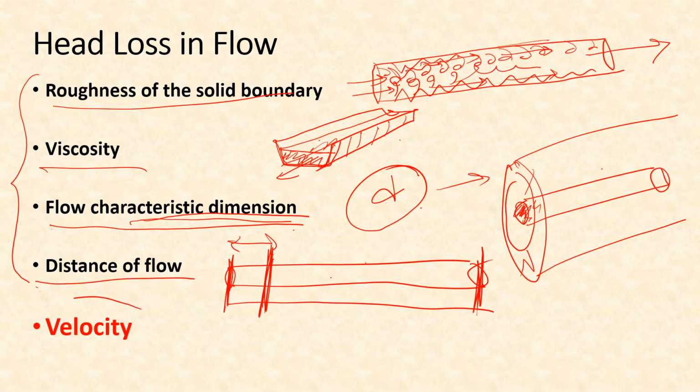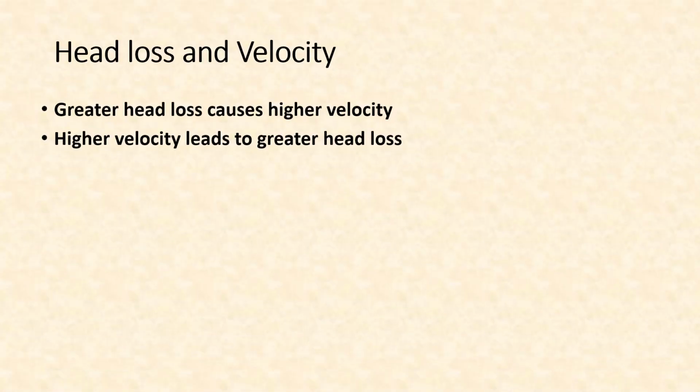But in case of velocity, it may seem sometimes confusing. Does velocity cause head loss, or head loss causes velocity? So a greater head loss causes higher velocity. Head loss means head difference, but we'll discuss why that head difference is also termed as head lost. And higher velocity leads to higher head loss. So we'll examine these two statements now.